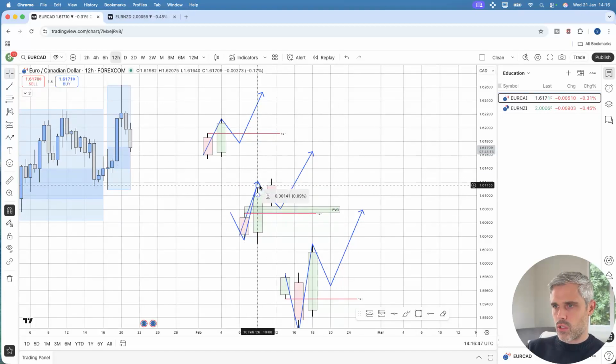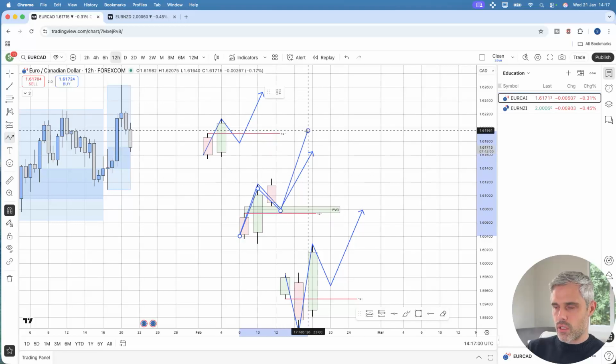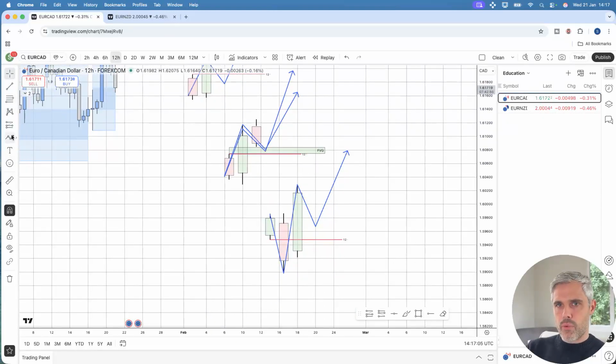So when price retraces then in the next candle into this imbalance, we can look to take longs. We can get involved at the creation of this fair value gap for continuations. That is option 2. And then we have breaker blocks.